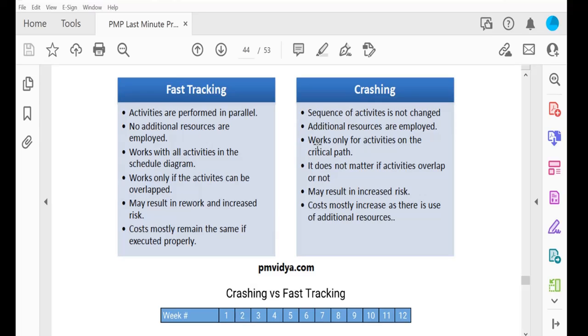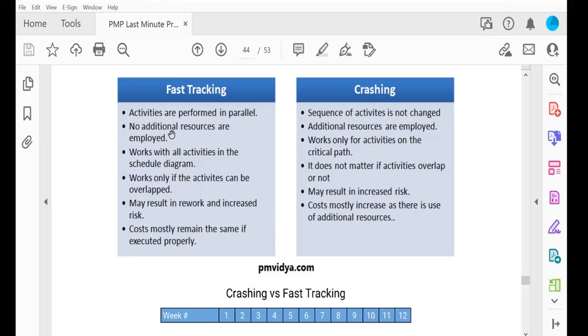The other team working in parallel also has to do the same thing. That means there is a chance of doing the work twice. It may result in rework and increased risk.